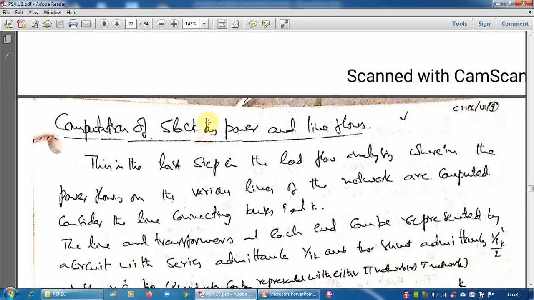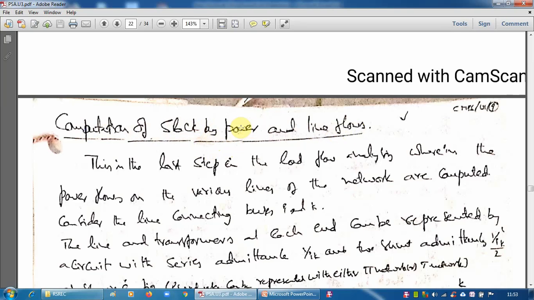Now as a final step, we'll take the slack bus into account. We'll calculate the slack bus power and line flows at the slack bus.